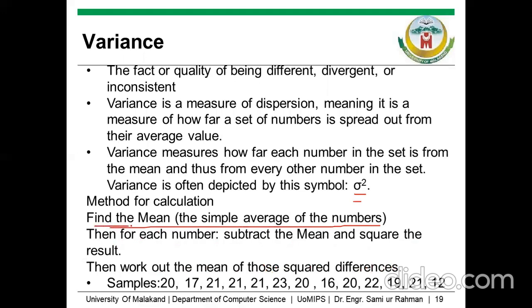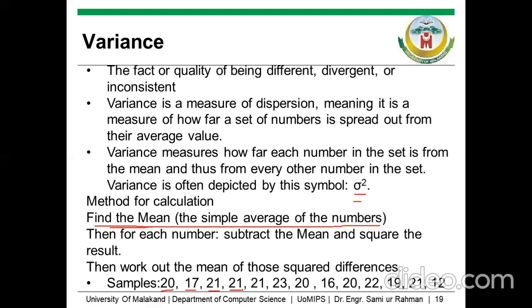The first one is we will calculate the mean of all the samples, and then the next is subtracting the mean and squaring the result. So we will subtract the mean from 20 and square that value, subtract the mean from 17 and square that value, subtract the mean from 21 and square that value, subtract the mean from 21 and square that value.